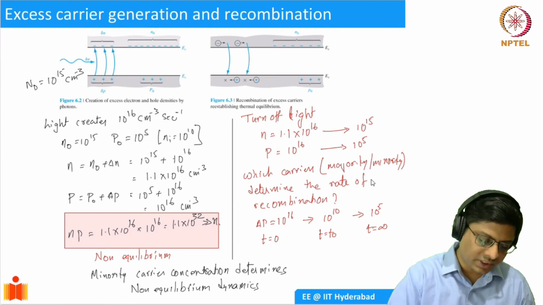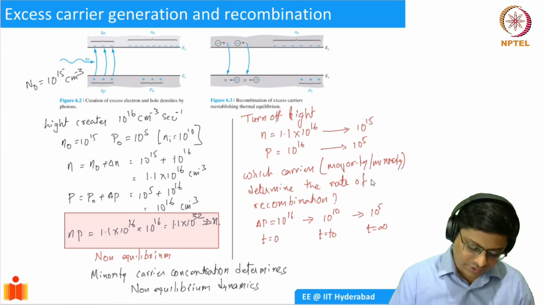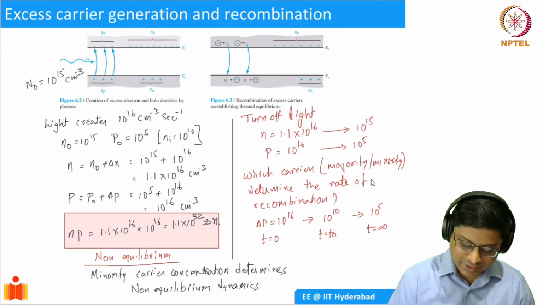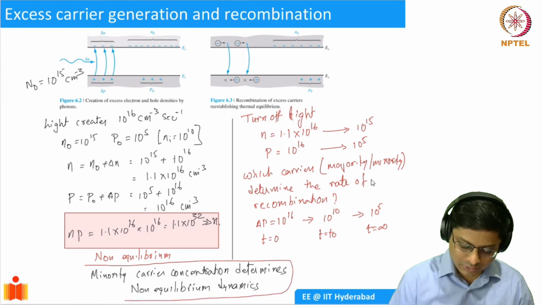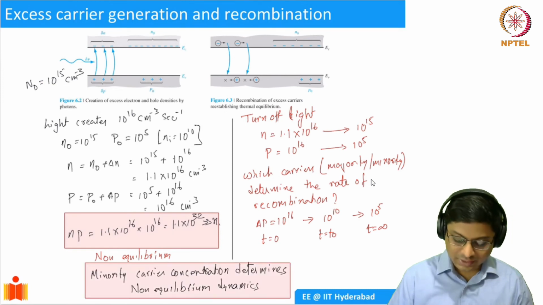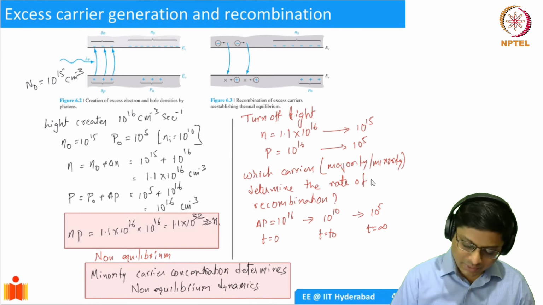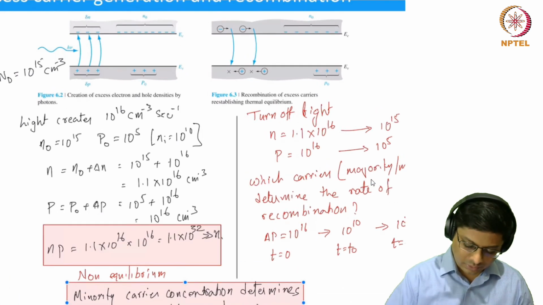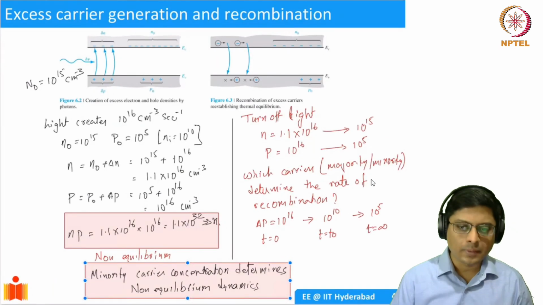Because you see that there are always sufficient numbers of majority carriers present. We don't have to worry about the availability of majority carriers. The rate of recombination is going to be purely determined by the minority carriers. So that's why we conclude this.